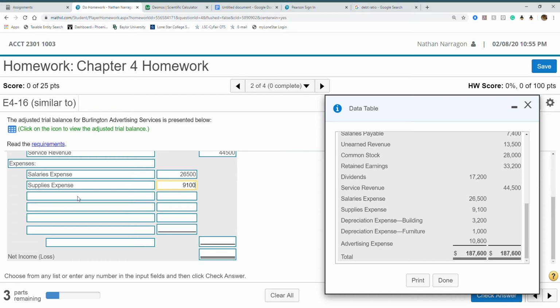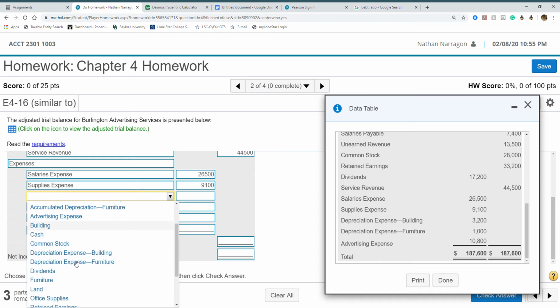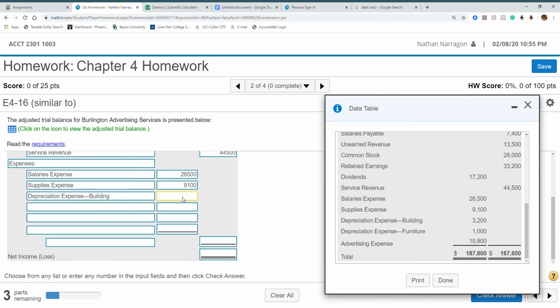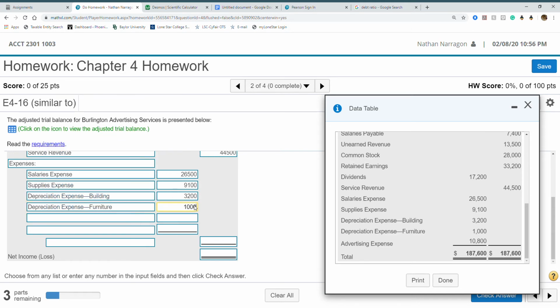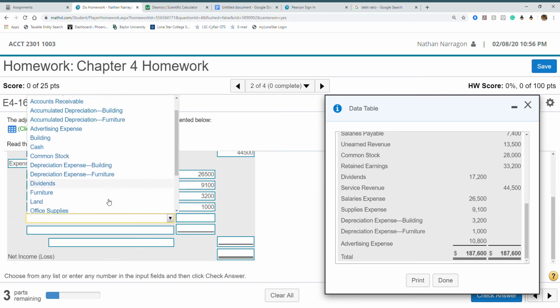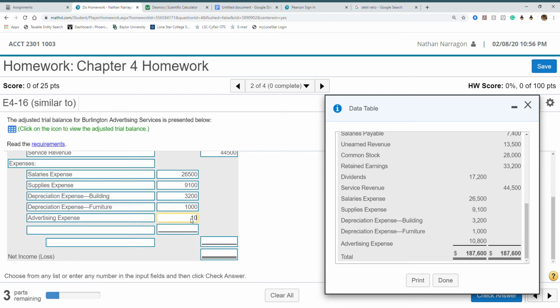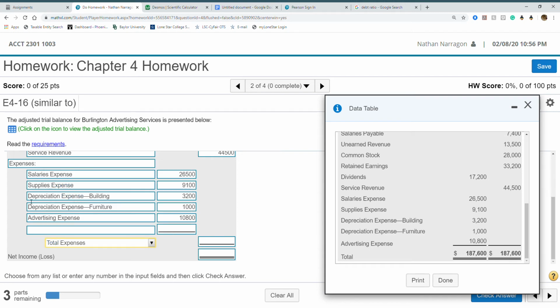Remember, we always use an adjusted trial balance for this. Depreciation expense, building, 3,200. Furniture, 1,000. And then, of course, advertising expense of 10,800. That's it. We only had 5 lines.